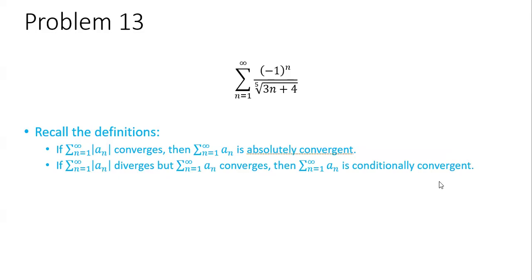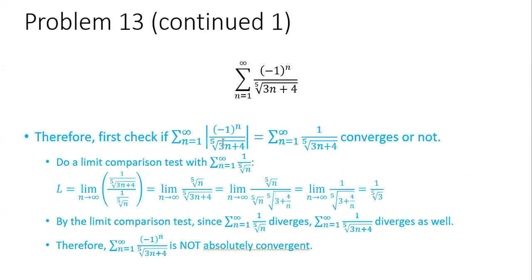We call that conditionally convergence. Okay. And I didn't write it here, but it's implied that if both diverge, then it diverges.